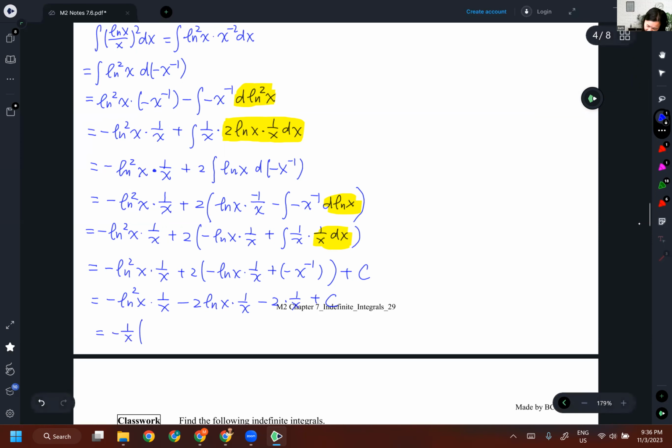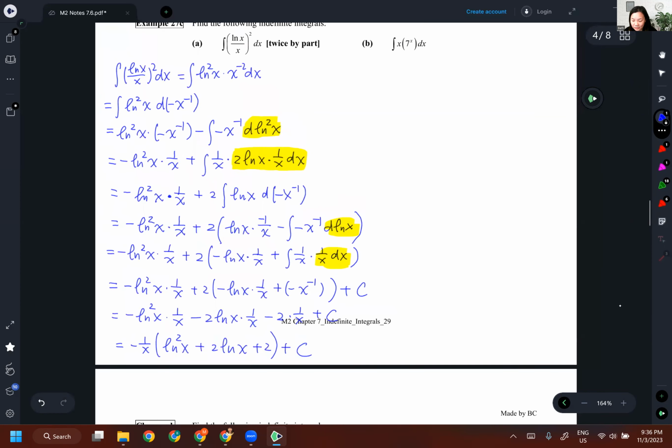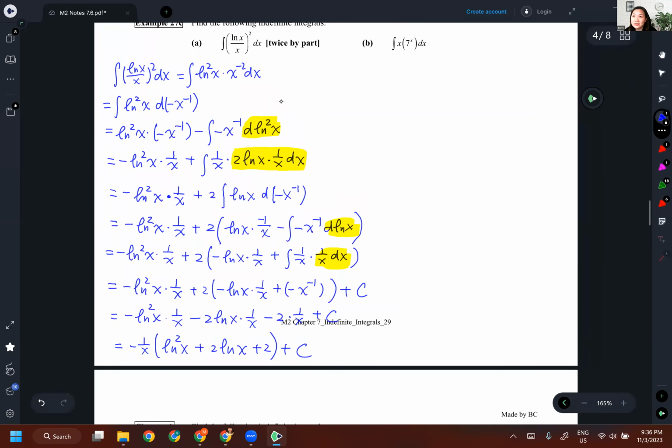Negative 1 over x, and then you have log x squared plus 2 log x plus 2. I think that looks better. Definitely looks better this way. Is it fine? So this is an example when you have a mixture of log and x, and then you use the integration by parts twice.